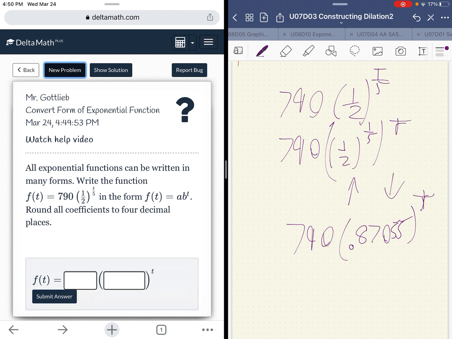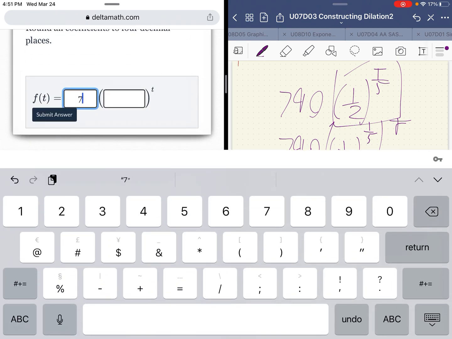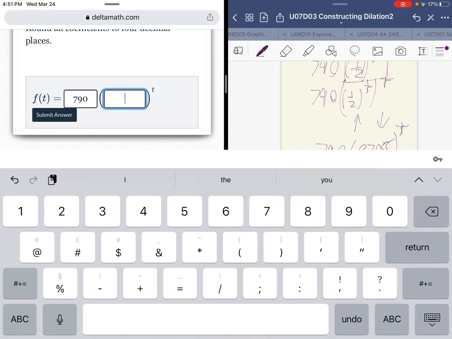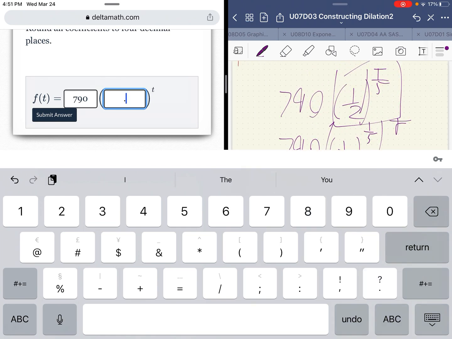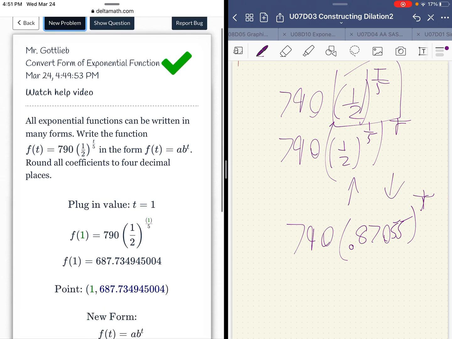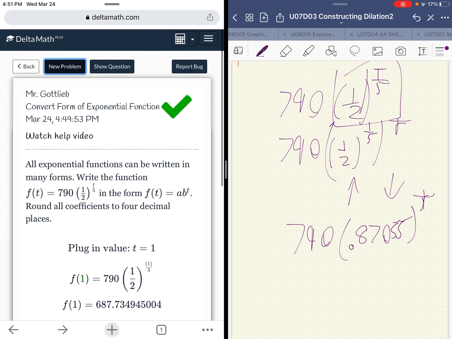In this case, this is a decay of 13%. So it's a decay of approximately 13%, but written in the form it was originally written in, it wasn't very clear that was happening. So if we rewrite this as 790 times, I can't see the decimal, 0.8706. Unless I rounded incorrectly, that should be fine.